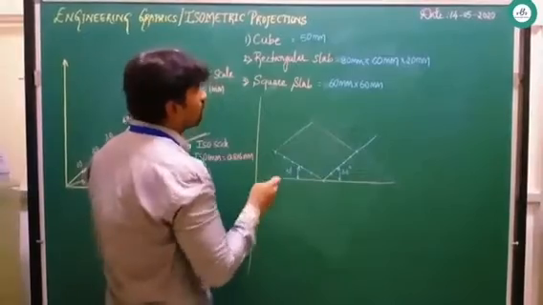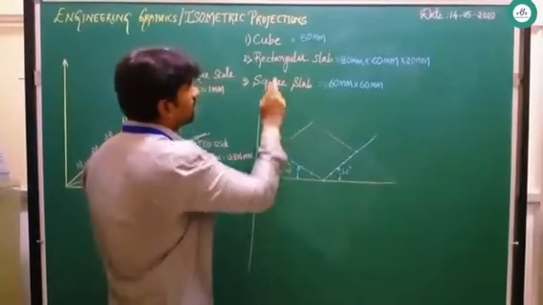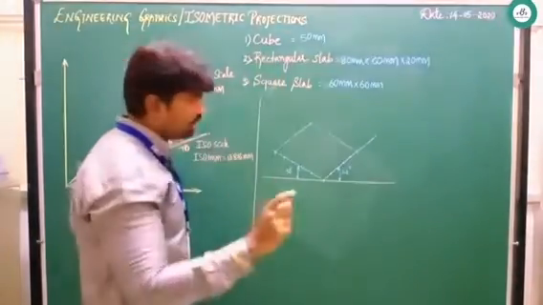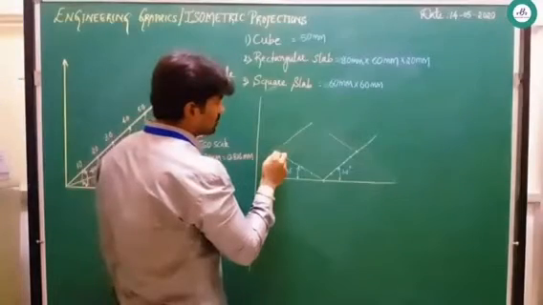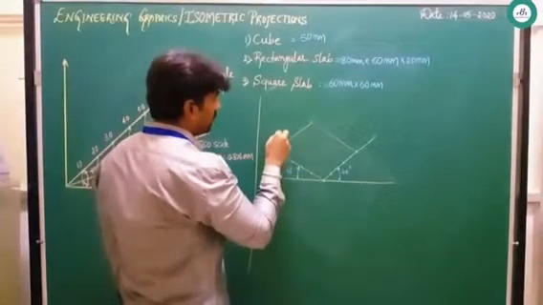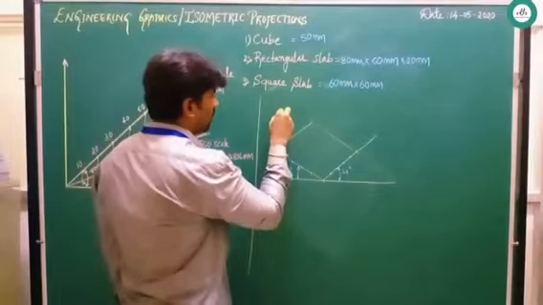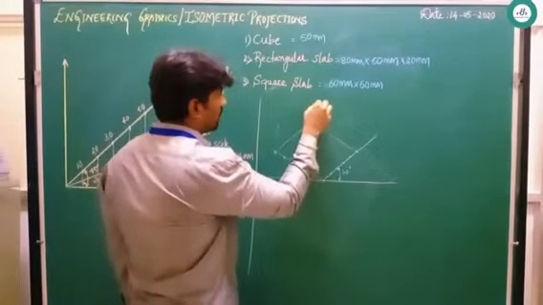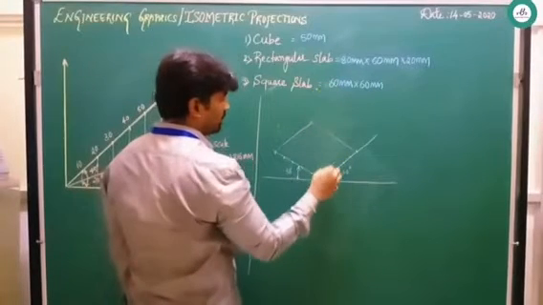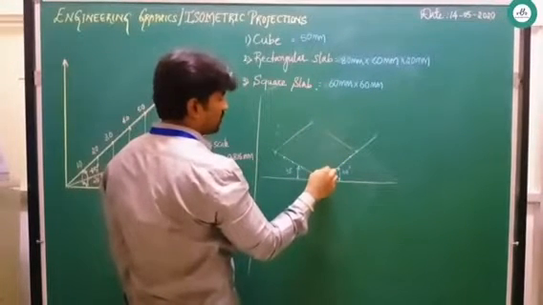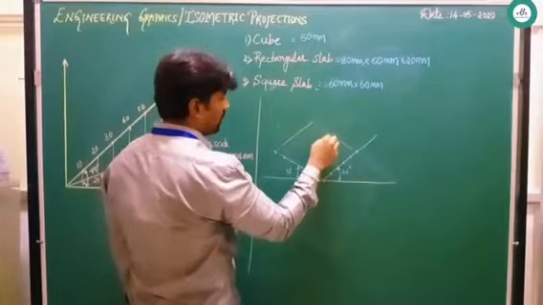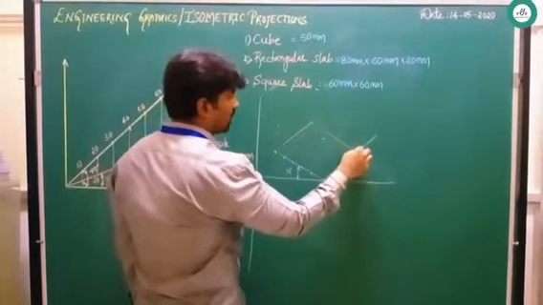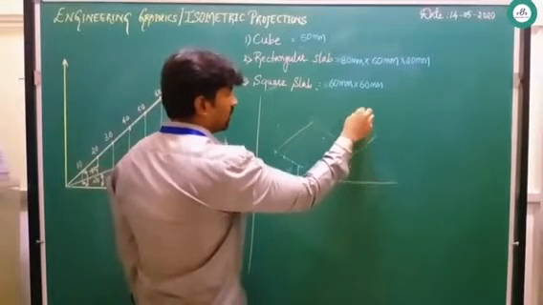Next, to draw the height, since it is a cube, the height remains the same. You can start counting from here: iso 10, 20, 30, 40, 50. Similarly from here, iso 10, 20, 30, 40, 50. And similarly from here, and from this point, 10, 20, 30, 40, 50.